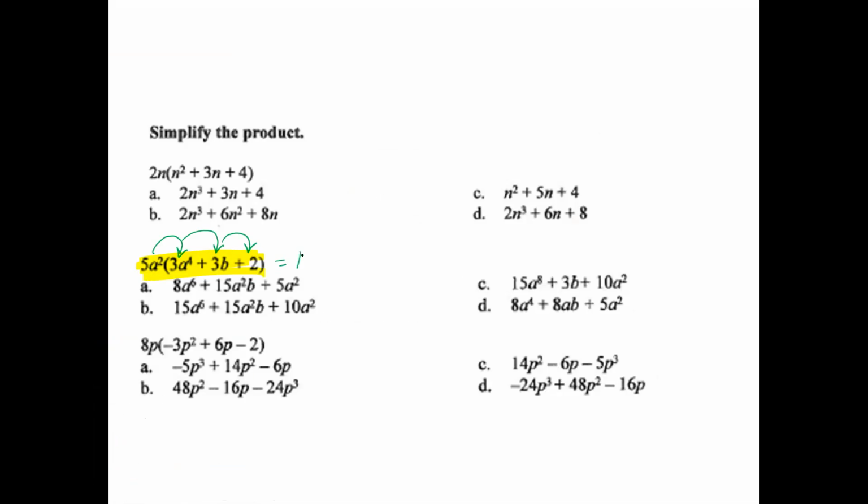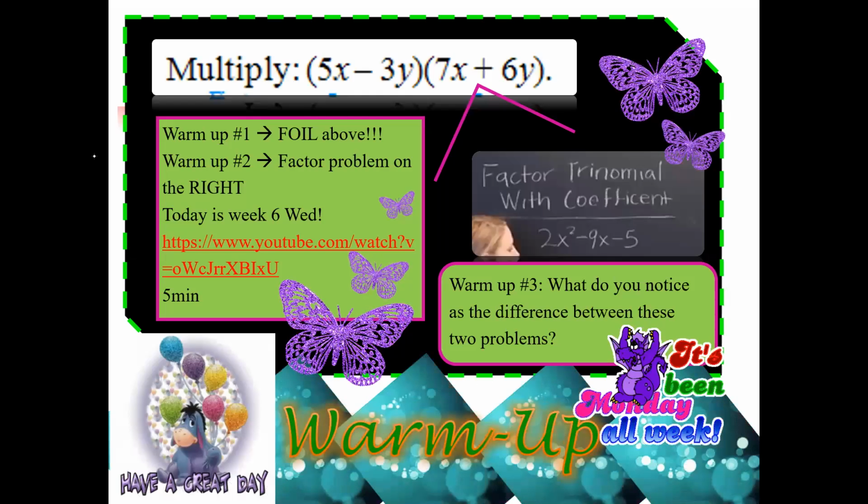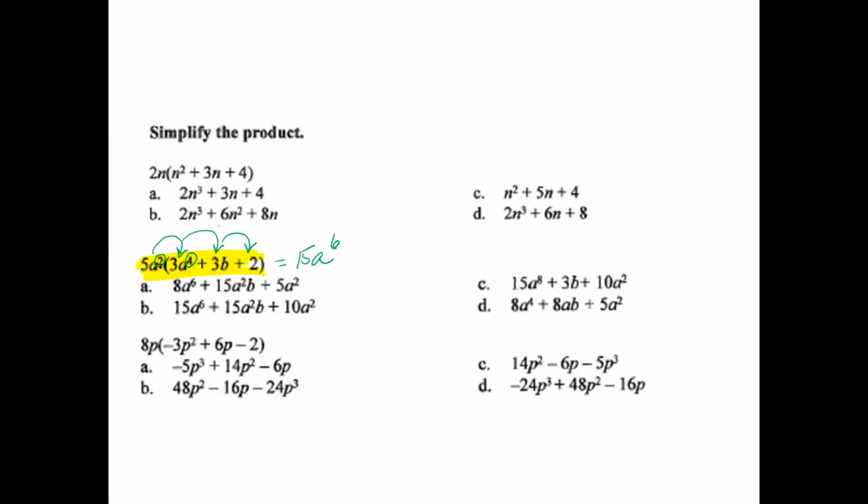So 5 times 3 is 15. How many A's do you have? You have a 2 and a 4, so that makes it a 6. 5 times 3 gives me a 15, A squared, and there's 1B. 5 times 2 is 10, A squared. So which answer is this going to be? B is the correct answer.